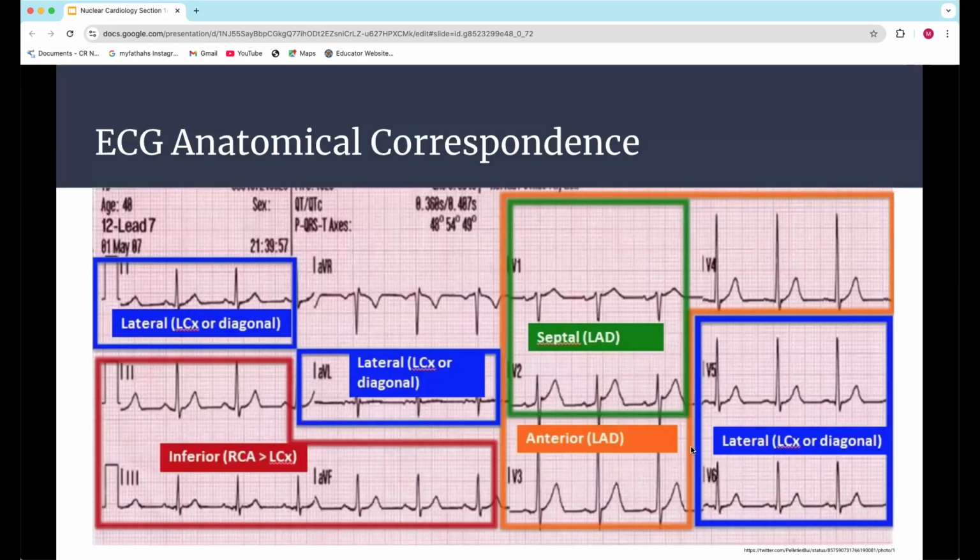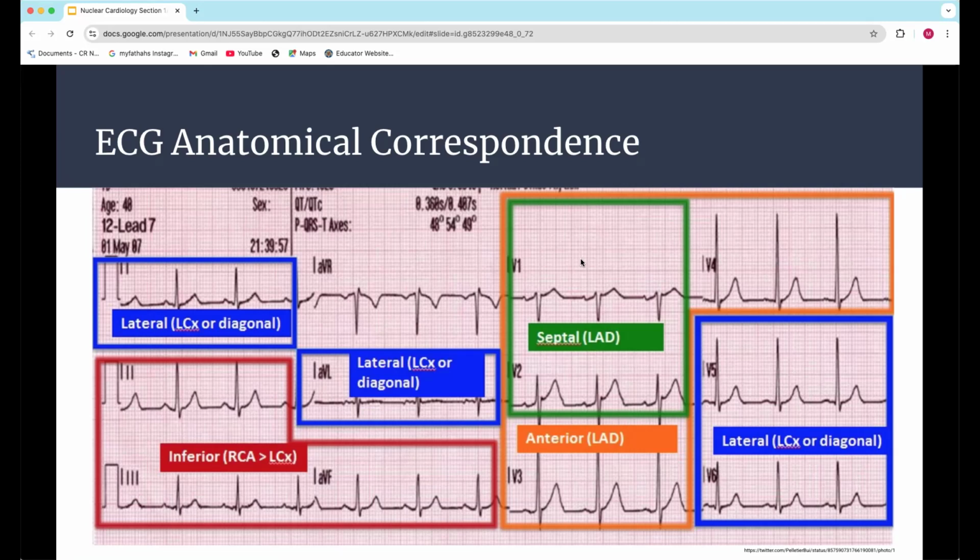Okay, so now I want to look at an EKG, because now when you're looking at the EKG, you can start to understand the anatomical correspondence of the heart itself. So an EKG is typically broken into 1, 2, 3, and then you've got AVR, AVL, AVF, and then you've got all your V leads. So you've got V1, V2, V3, V4, V5, V6.